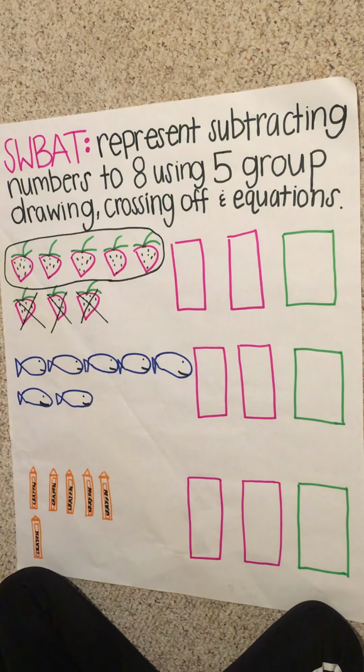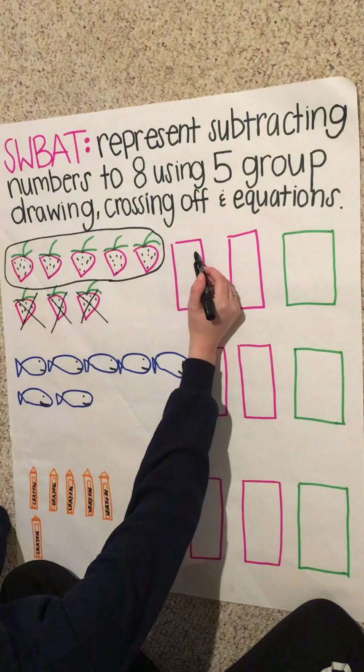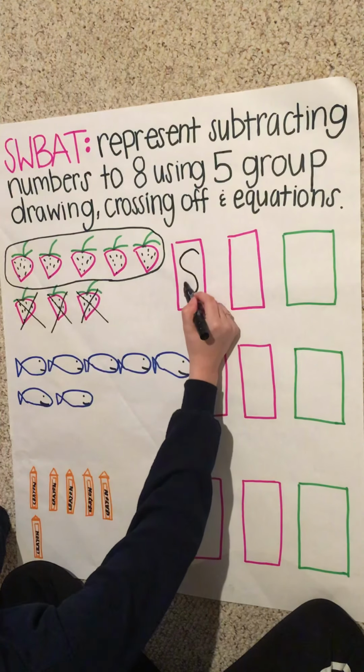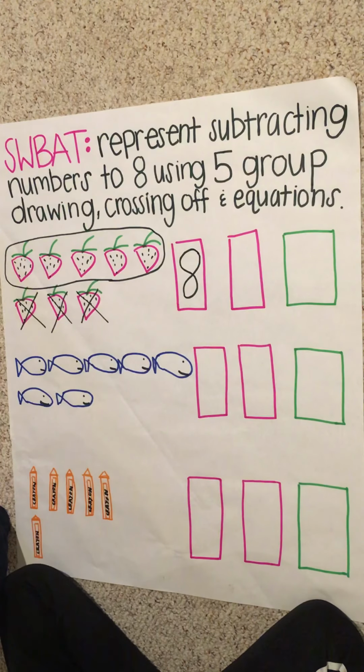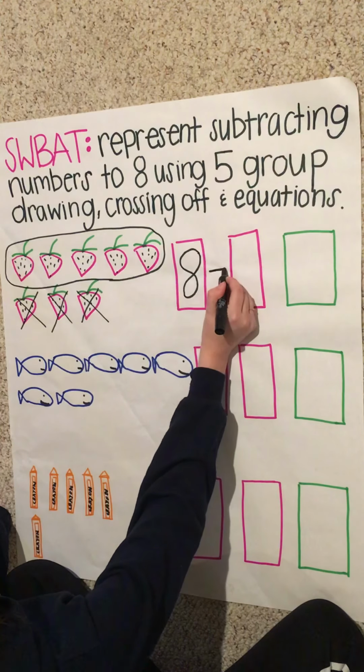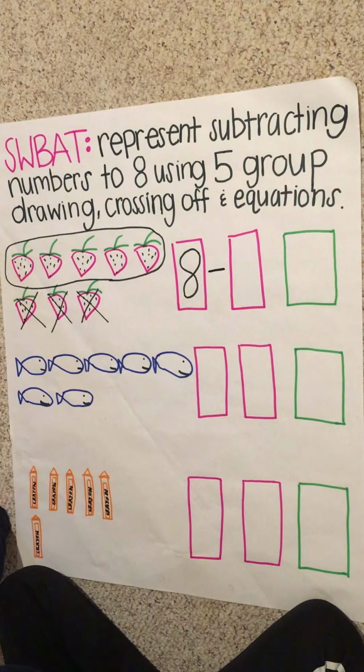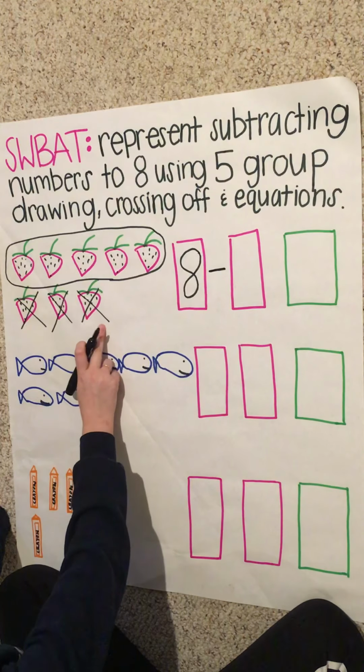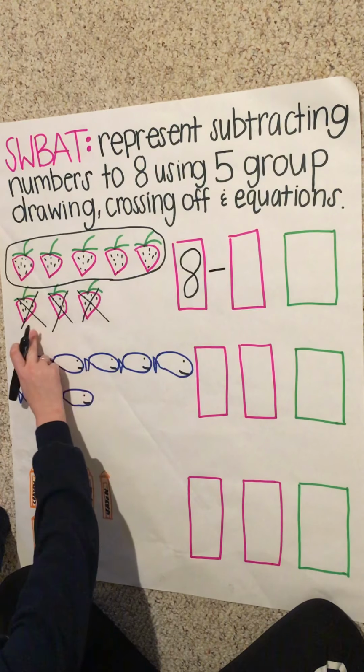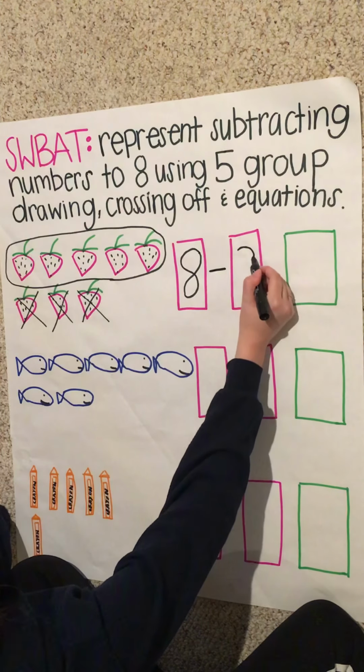How many strawberries did I have in my garden to begin with? 8. So 8 is going to go into our first box. And we know we represent taking away by using a minus sign. And then how many did I take away or give to my friend? We can see that we took away 3. I crossed off 3. 1, 2, 3.